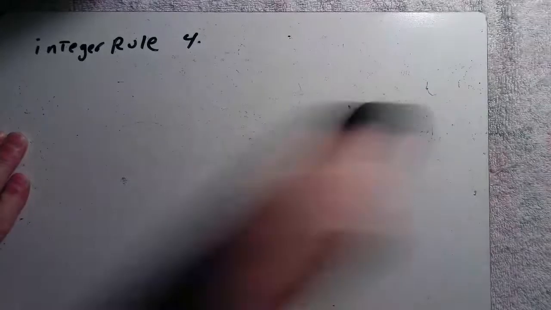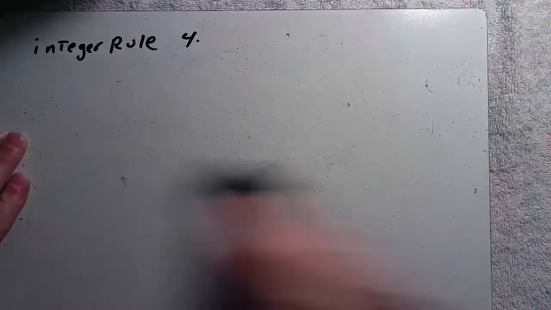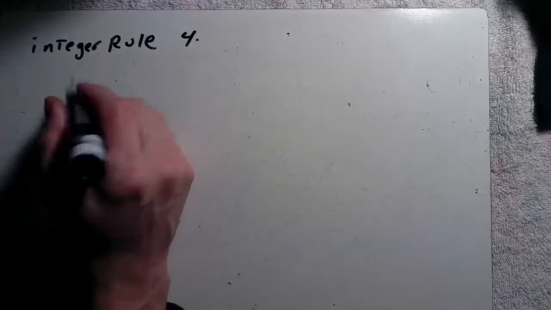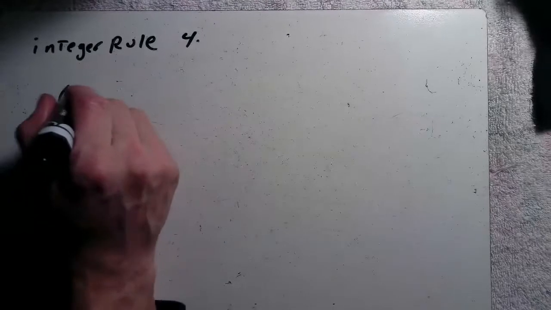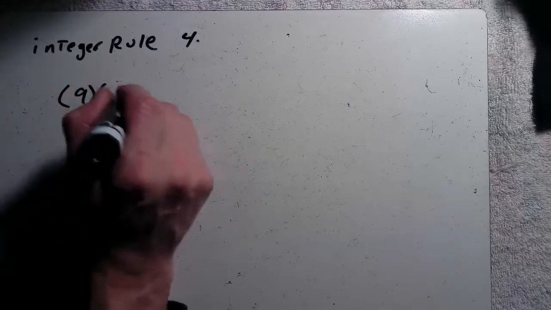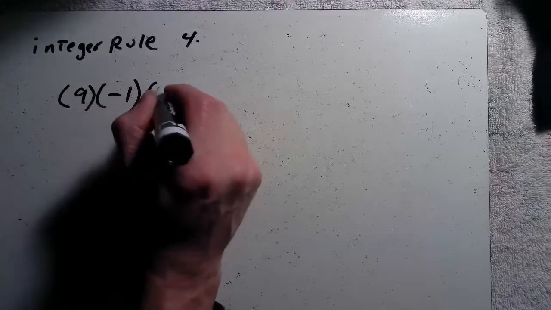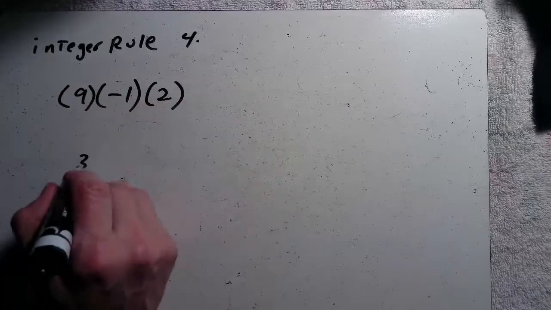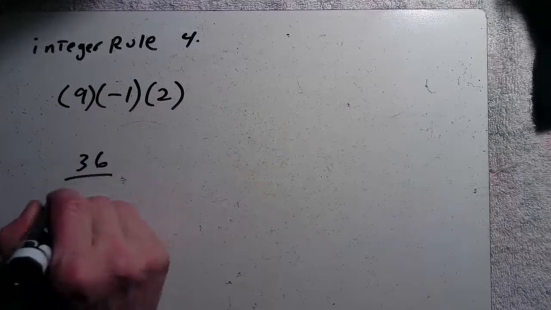So that pretty much covers integers rule 4. Give you a couple examples to work on. 9 times negative 1 times 2. 36 divided by negative 4.